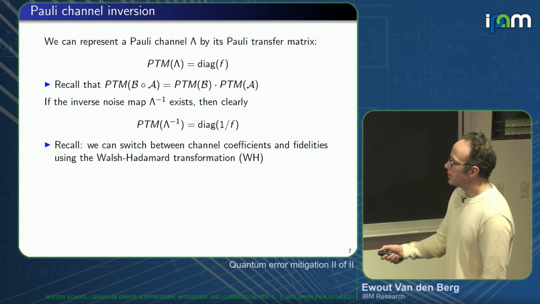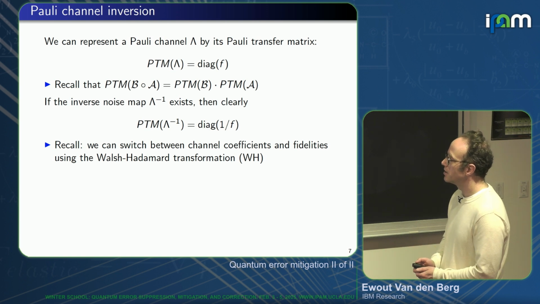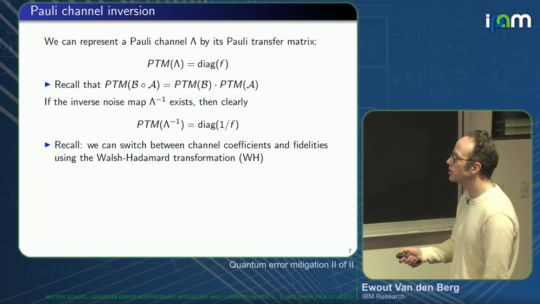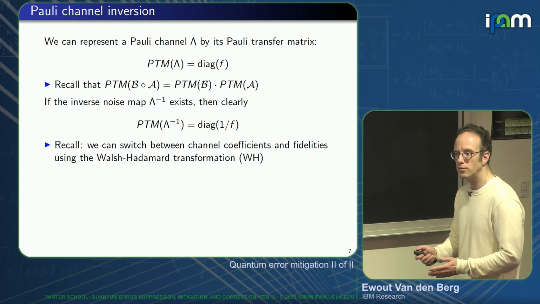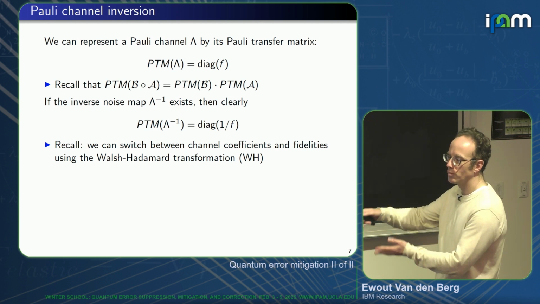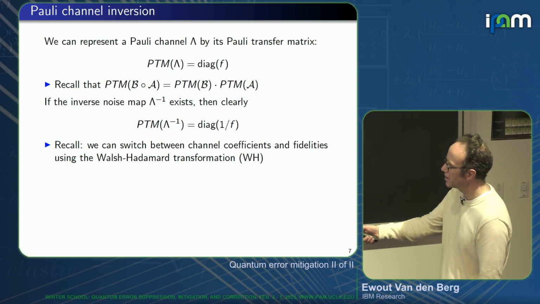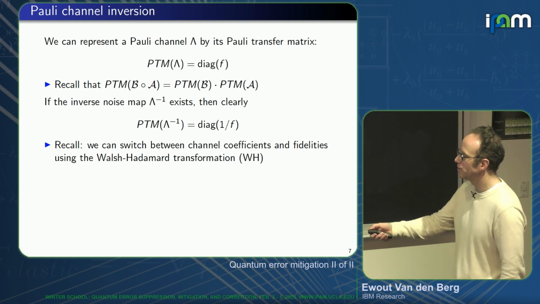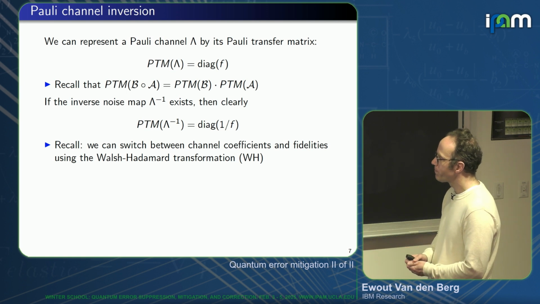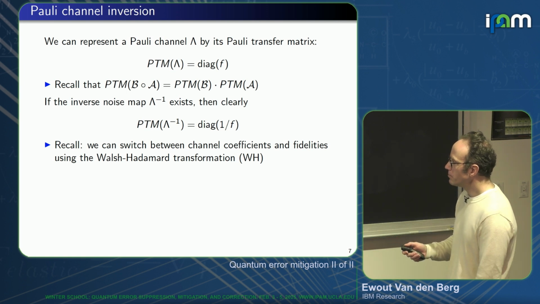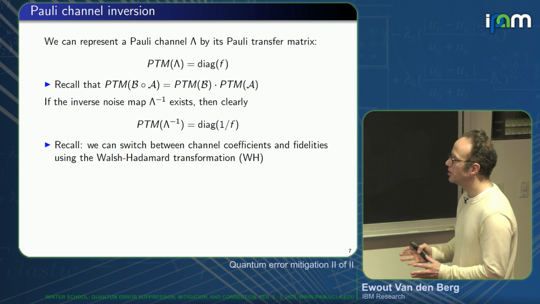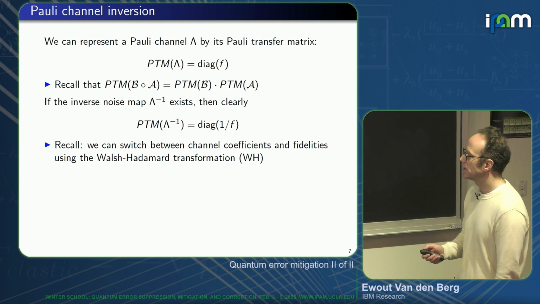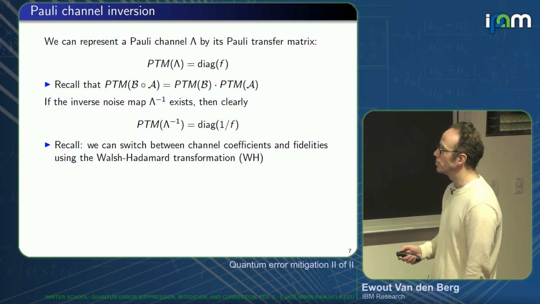So if the noise inverse map exists, then clearly the Pauli transfer matrix of the inverse noise map must be the diagonal of the inverse fidelities, because if you multiply two diagonals, one being 1 over f and the other f, that will give the identity matrix, which is exactly the inverse of the noise. We also saw that you can switch between the channel coefficients, the probabilities, and the fidelities using the Walsh-Hadamard transformation.